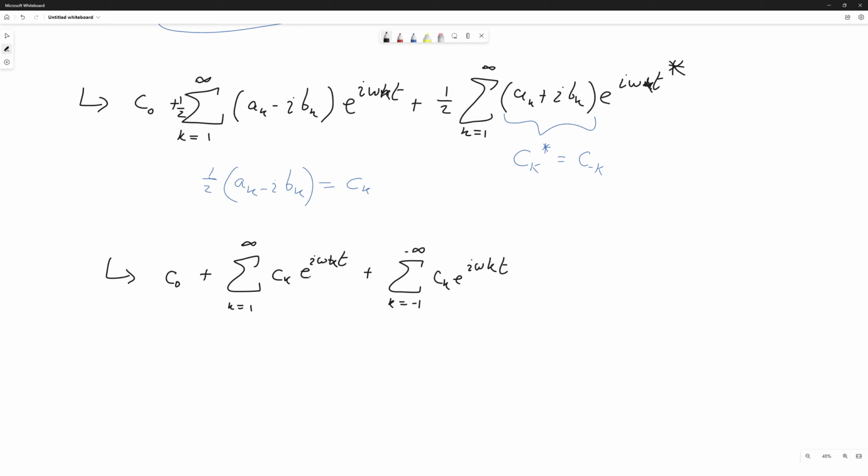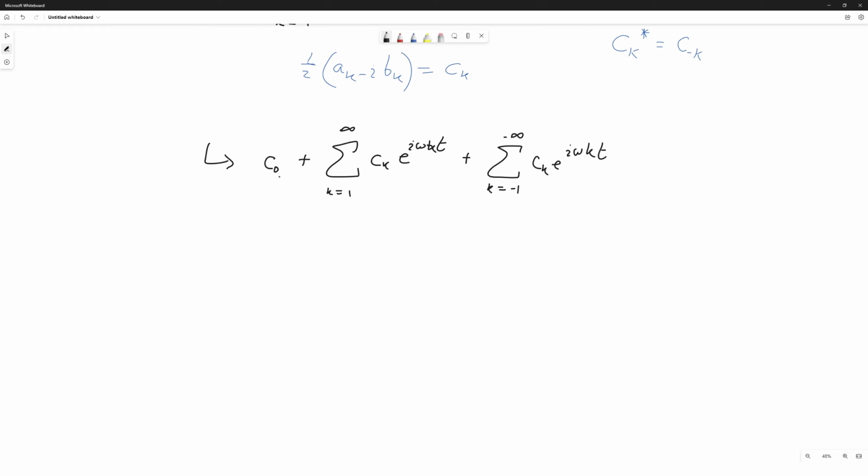This is over the positive axis. And if we set k equal to 0 on either of them, this will just become 1 and we'll just have c sub 0. So we can absorb them all into one term, being the sum from minus infinity to infinity of c sub k e to the i omega kt.